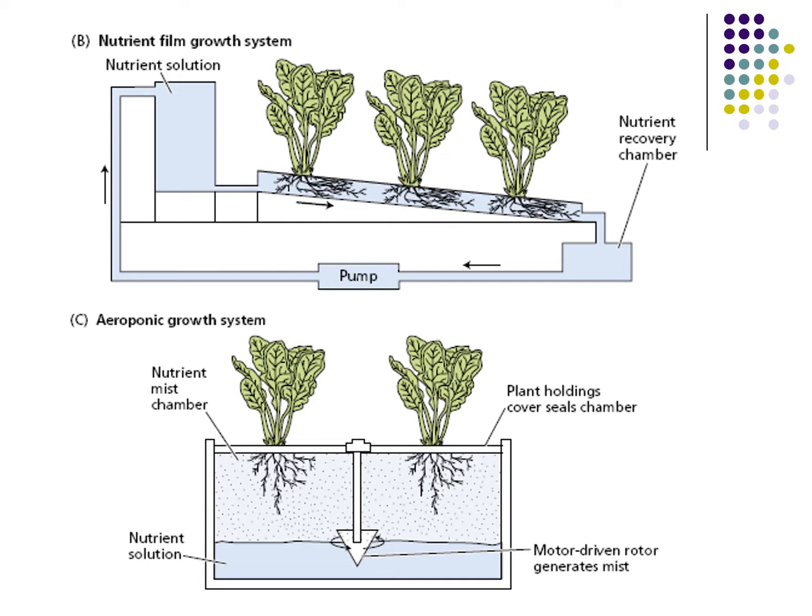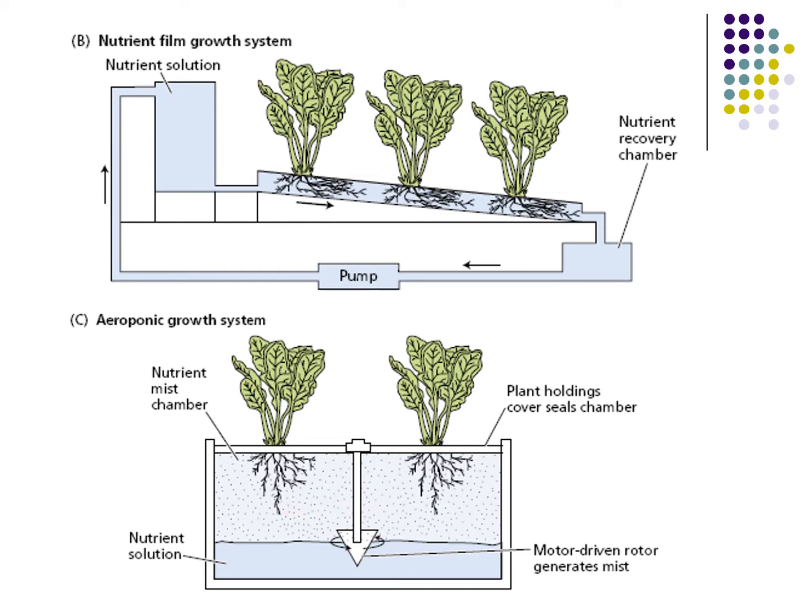In another alternative, which is sometimes heralded as the medium of the future, is to grow the plants aeroponically. In this technique, plants are grown with their roots suspended in air while being sprayed continuously with nutrient solution by means of a motor-driven rotor which generates the mist.